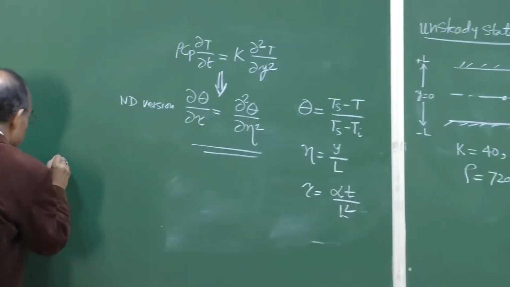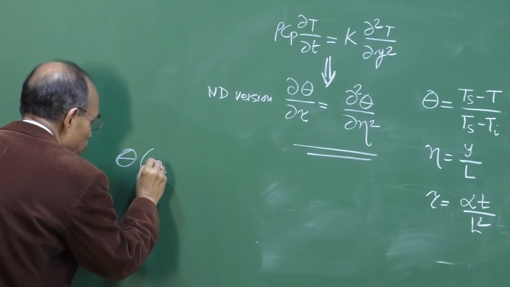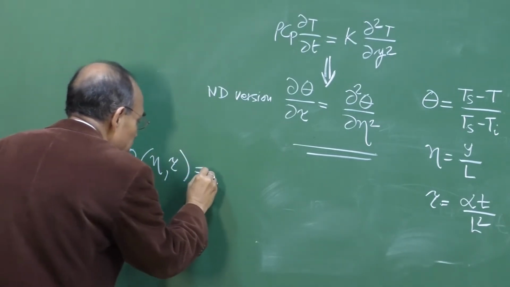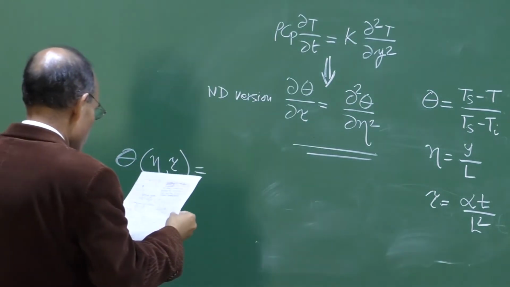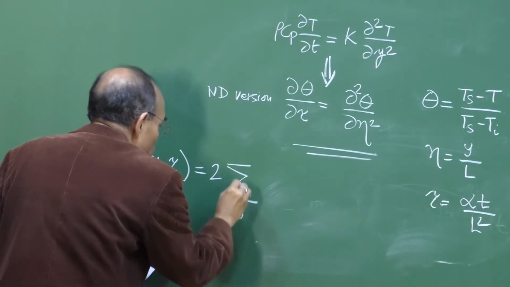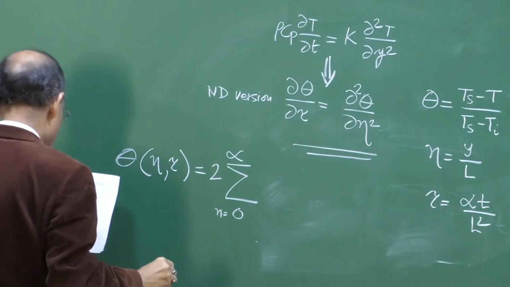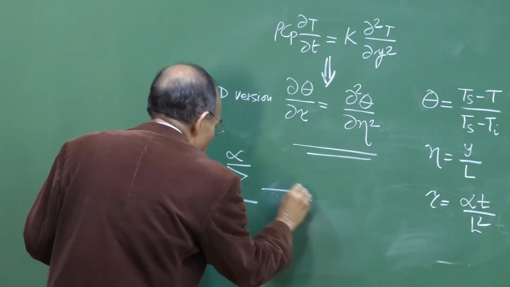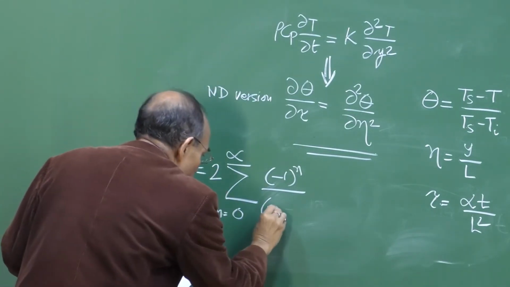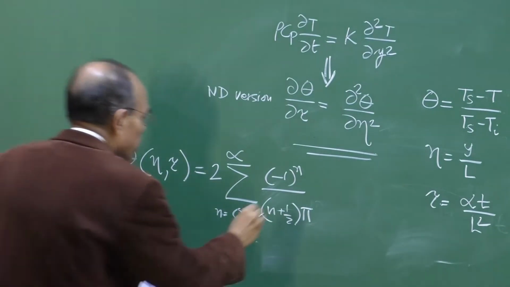Here the infinite series solution is given in terms of theta as a function of eta and tau, and that infinite series solution is 2 summation n from 0 to infinity, and therefore, this comes out to be minus 1 raised to the power n, and then we have n plus half pi.